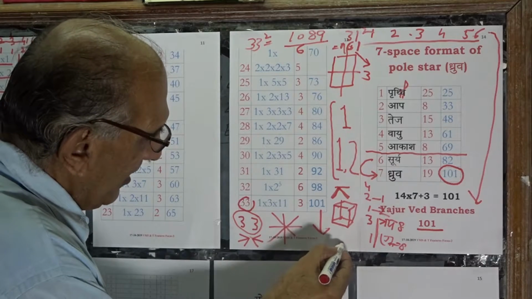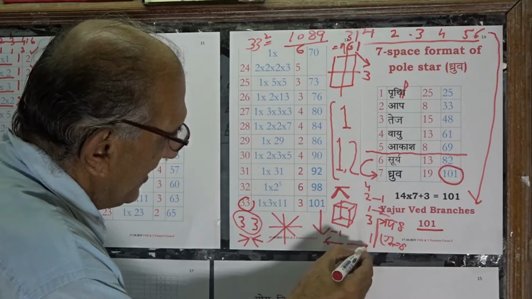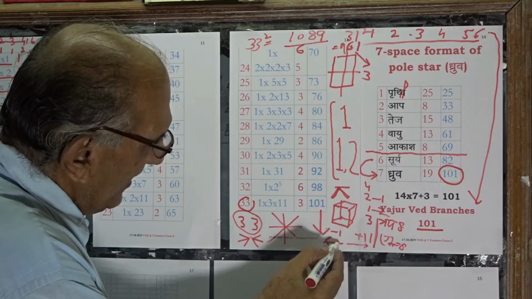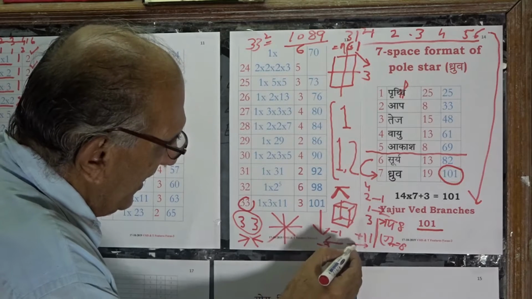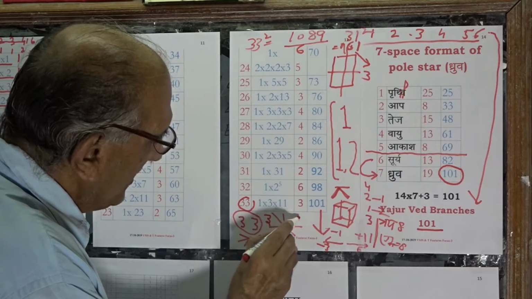Therefore, when we are towards this side, means -1, and when we are this side +1, then we see here we will be getting value -3, and here we will be getting value 6. This is the script form 3 and 6.